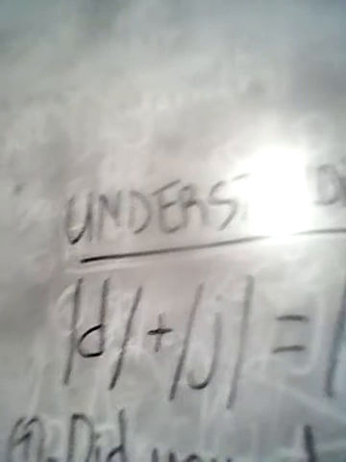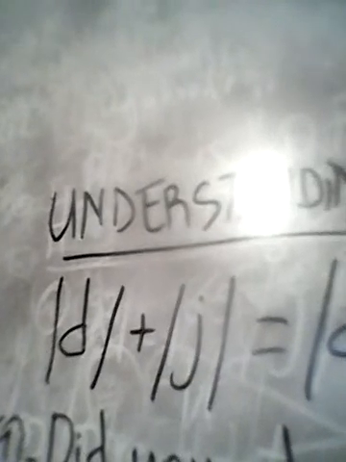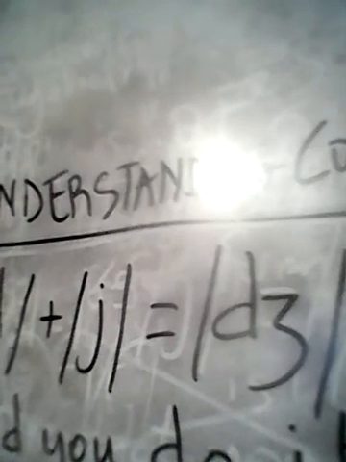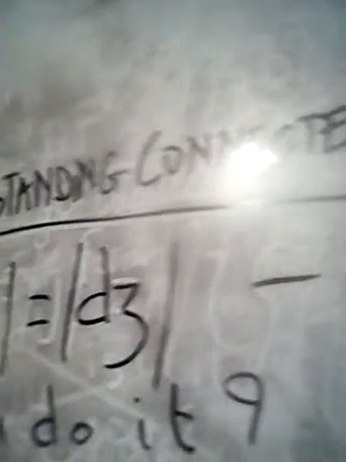So look at the board here. Here we have sound d, plus sound e, will give you sound j, as in John.